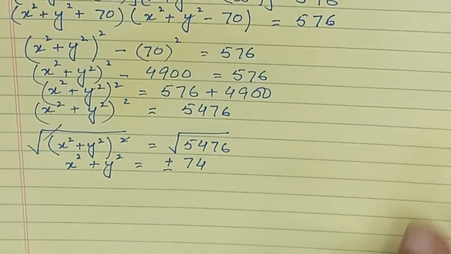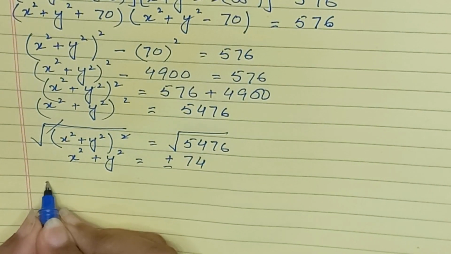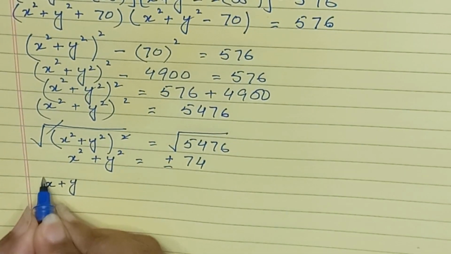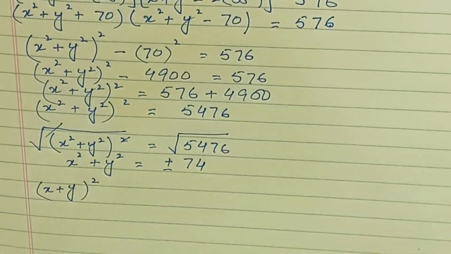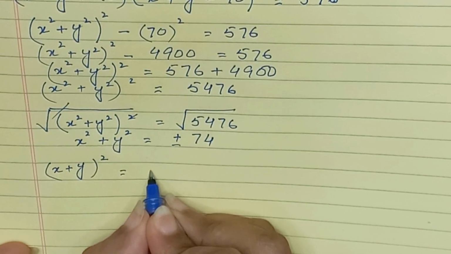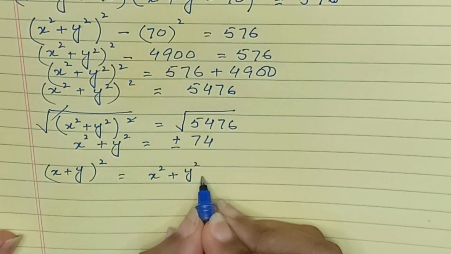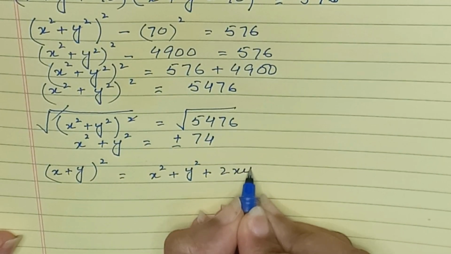So we know that (x plus y) whole square is equal to x square plus y square plus 2xy.